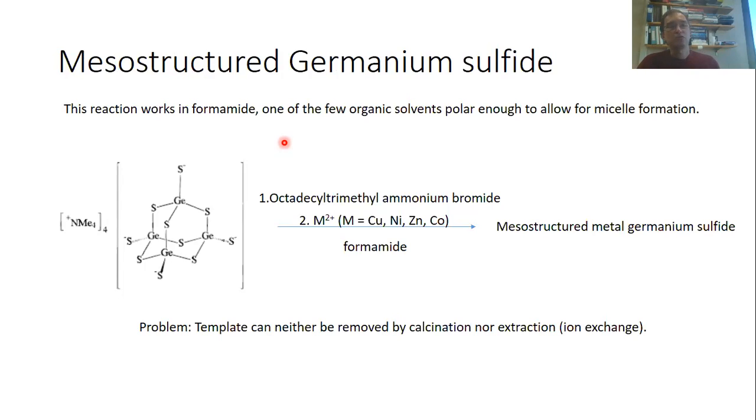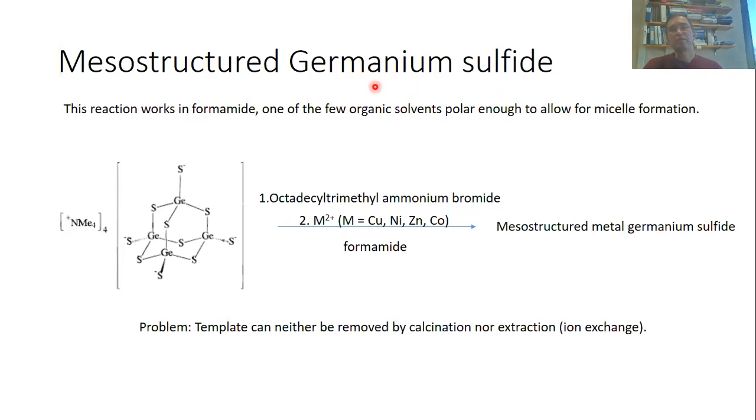Okay, but it also has to be a solvent in which you can still form micellar structures. Okay, that means that your solvent still has to be a very polar solvent. So a very good choice is formamide. That's one of the very few organic polar solvents which are polar enough to allow micelle formation.